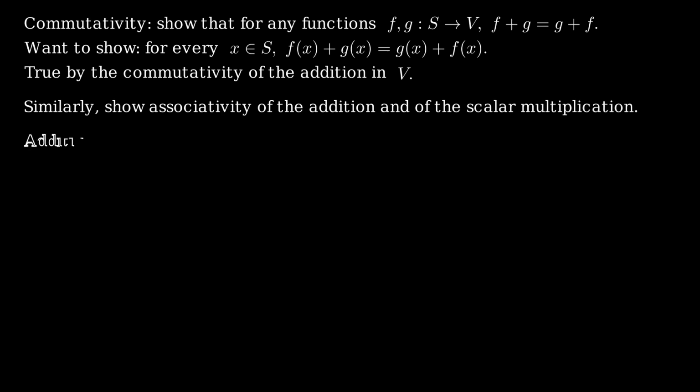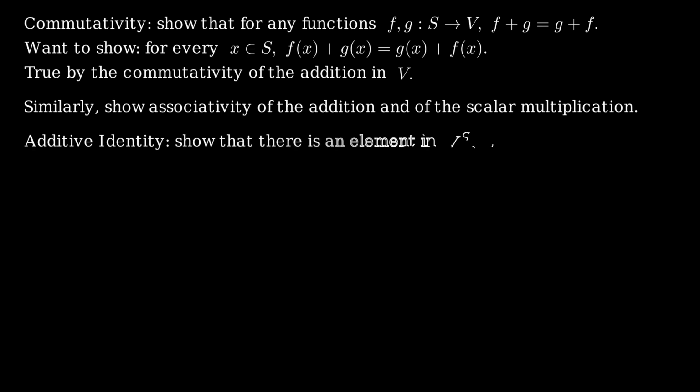Now for the additive identity, we have to show that V power S has an element acting as 0 with respect to addition.